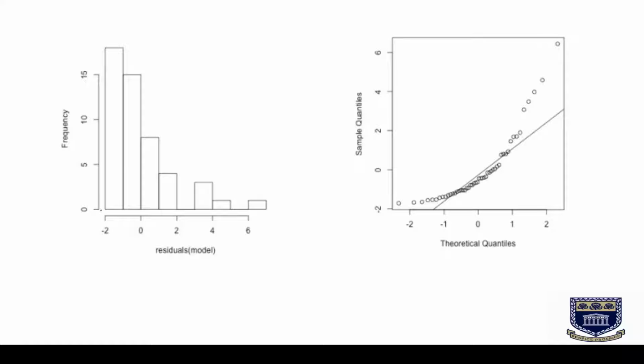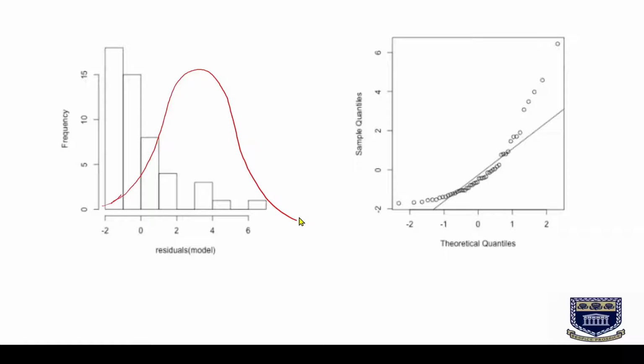If you plot a normal bell curve here, the histogram looks nothing like a bell curve, looks nothing like a normal distribution, so you reject the hypothesis that the residuals are normally distributed.